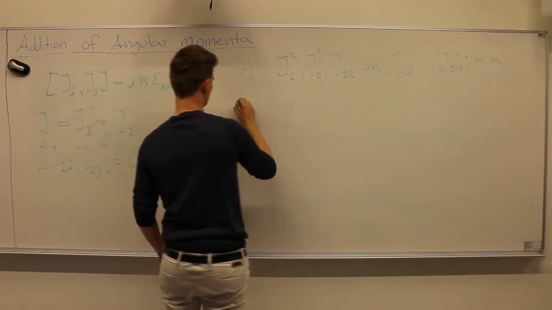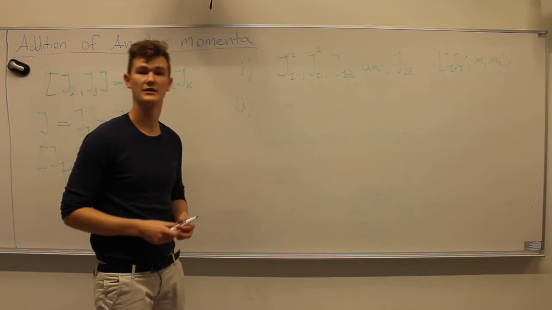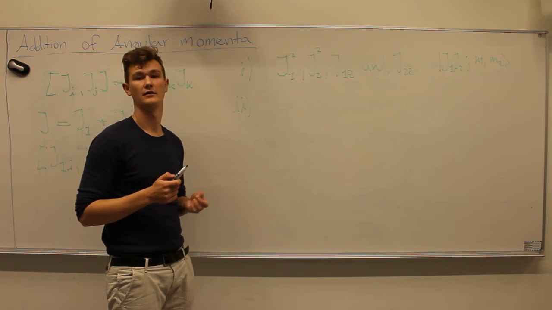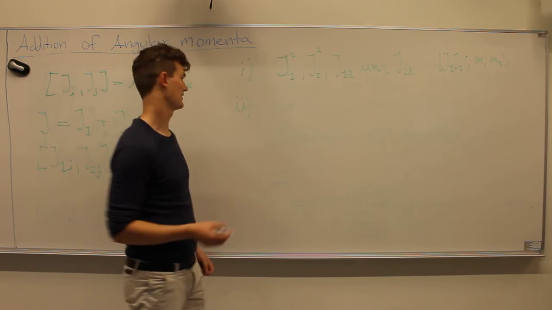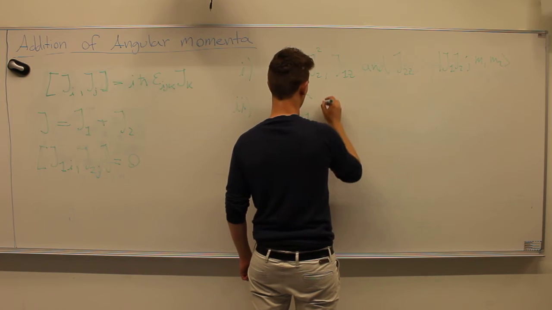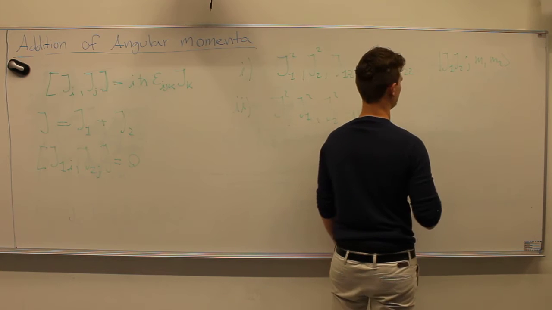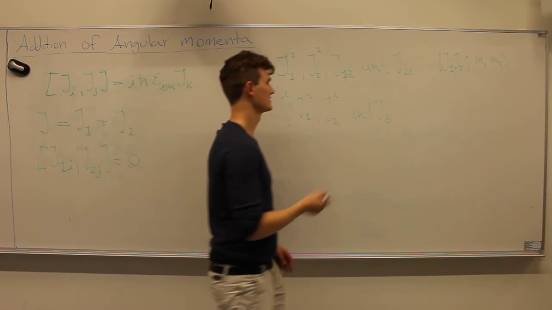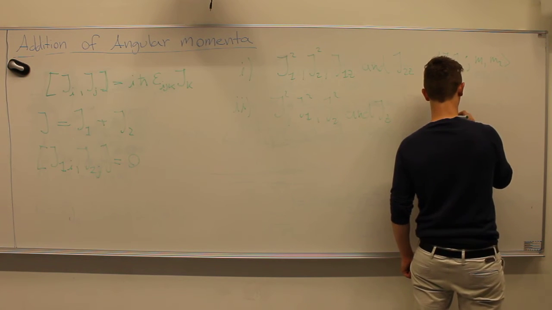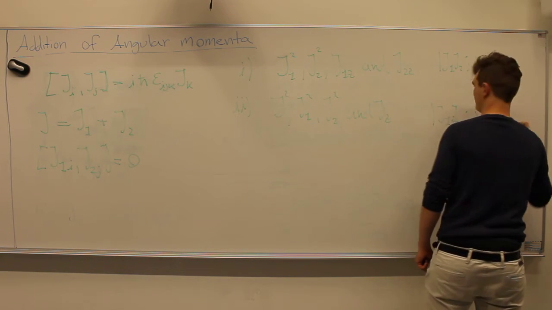The other choice we have is to go for the eigenstates of the operators J squared, J1 squared, J2 squared, and the combined z component of the angular momentum Jz. Simultaneous eigenstates of these operators will be denoted |J1, J2, J, M>.